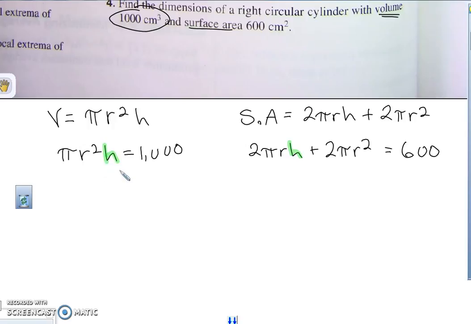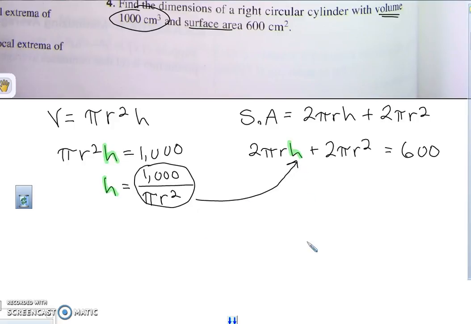So pretty much I'll have h equals 1000 over pi r squared. Now I'm going to take this and plug it in right there.